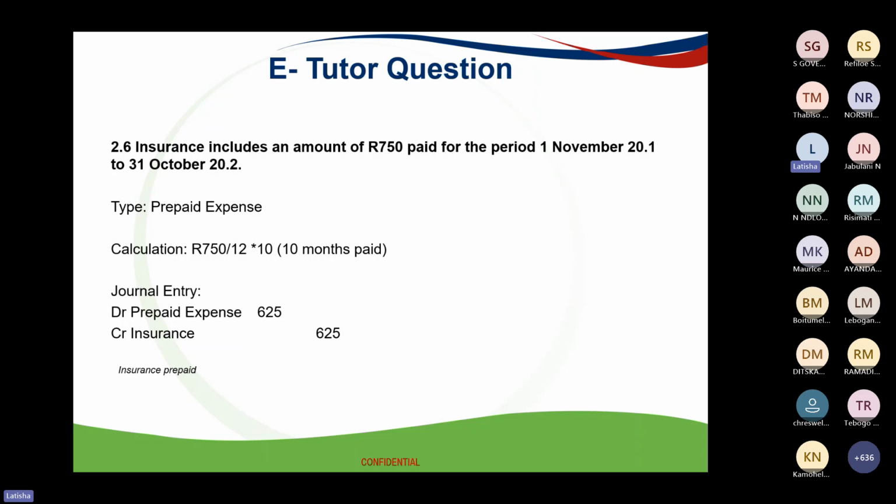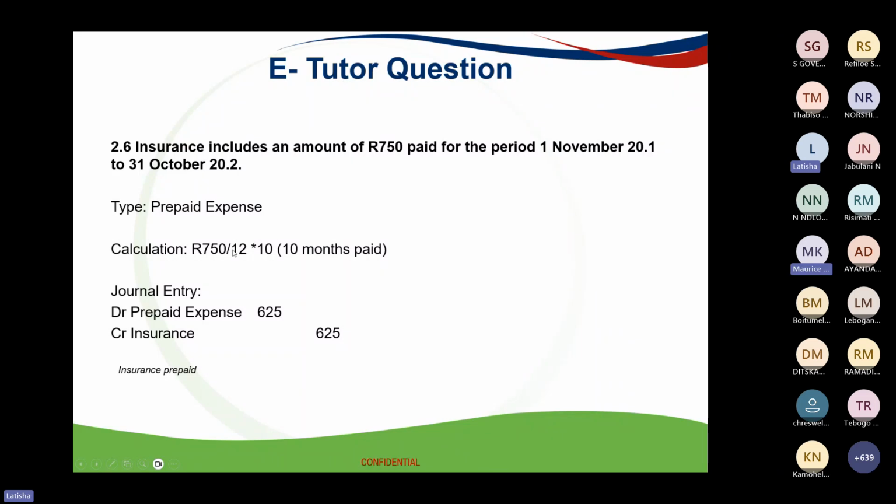And that 750 Rand relates to 2 months of the current financial year and 10 months of the future financial year, so next year. We know we should only record expenses for the current year, and therefore the future year's expenses we need to now remove as an expense. So this is the reason why the calculation is saying 750 Rand divided by 12, because they tell us that it's paid for 12 months.